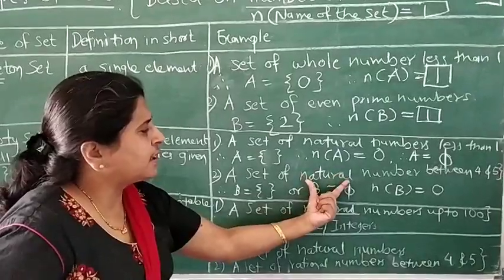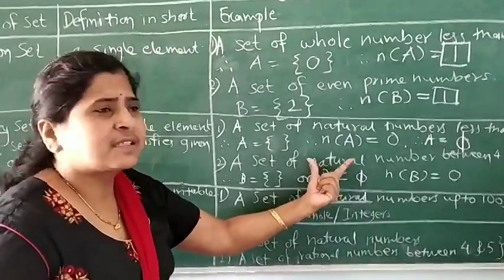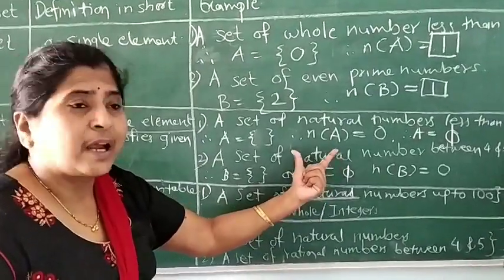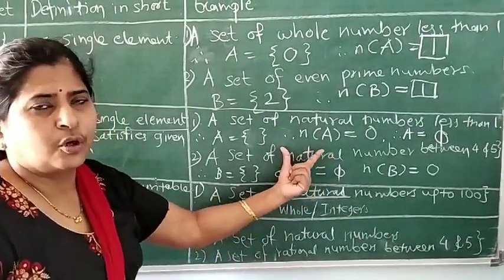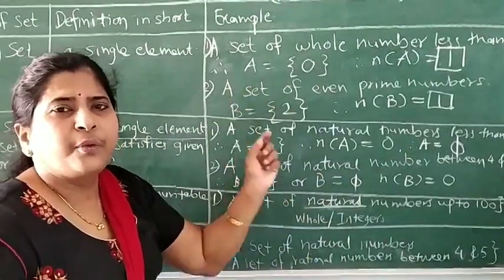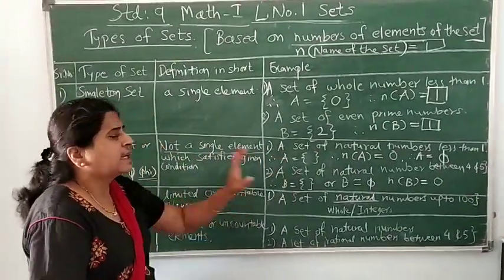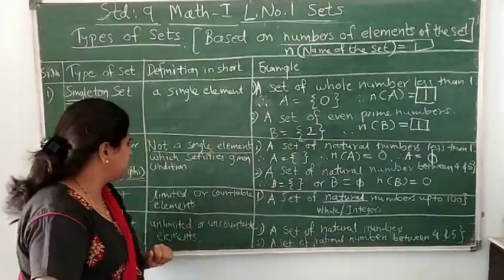You can replace the word natural by whole and it is still empty. If it is integer, it is still empty. But if it is rational numbers, then surely it is not empty, because there are infinitely many rational numbers between any two rational numbers. Then in that case it will not be an empty set.